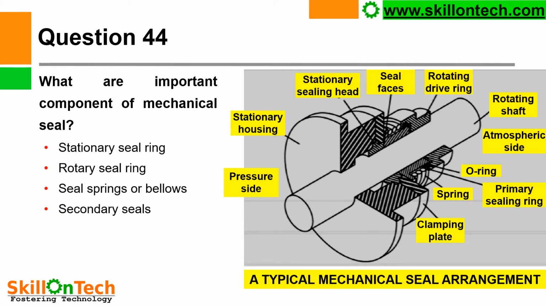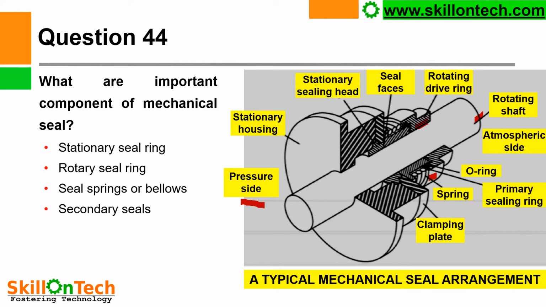In this picture you can see this is the pressure side and this is a rotating shaft. So you can see here there are two seal faces. This is a stationary sealing head and this is a rotating drive unit.